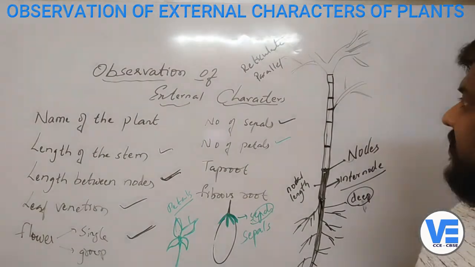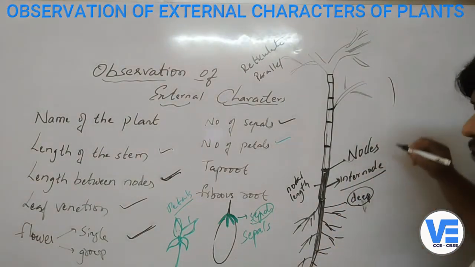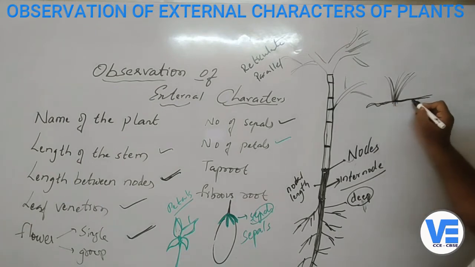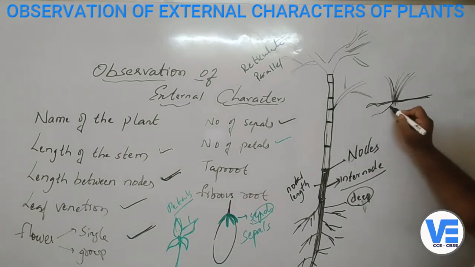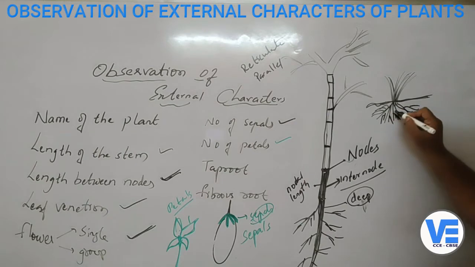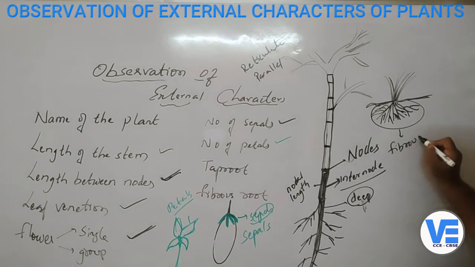Now in the same way, if you take the grass and all, this is what you can see above the soil, and under that again you can find the hair-like structures. This kind of root system is called the fibrous root system.